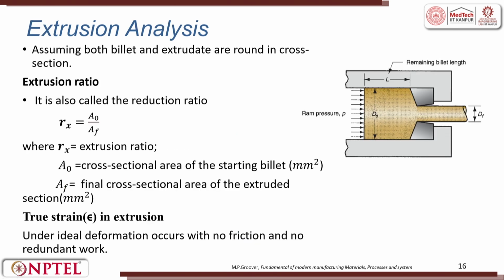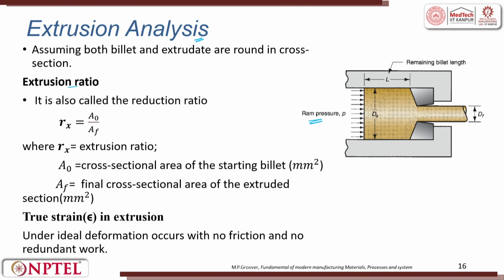Now, let us try to find out the force required for extruding. So, extrusion analysis will be the next discussion. We put a billet, this billet is kept inside a container, the billet is pushed by a ram to a length called L and the diameter which gets out of the orifice is called D, assuming both the billet and the extrudate are round in cross section.